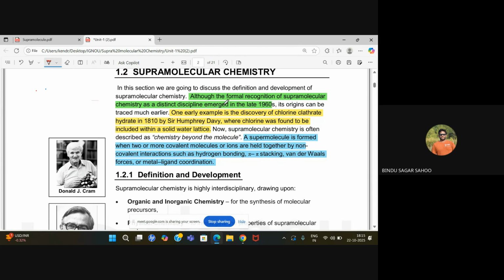It was considered a separate discipline of chemistry in 1960, just like nanochemistry, physical chemistry, and organic chemistry. Supramolecular chemistry is also a separate discipline of chemistry.